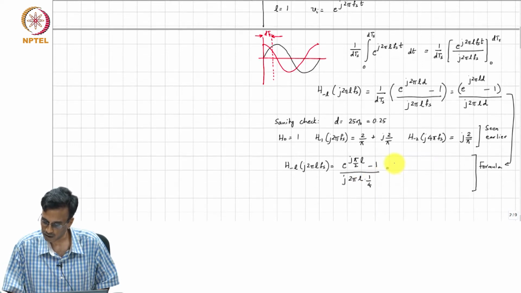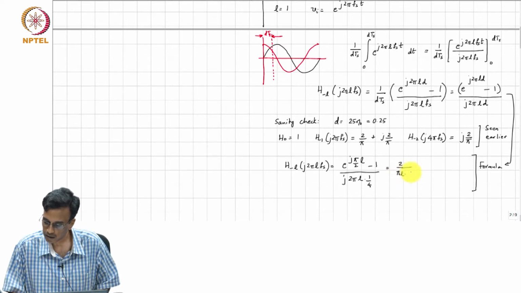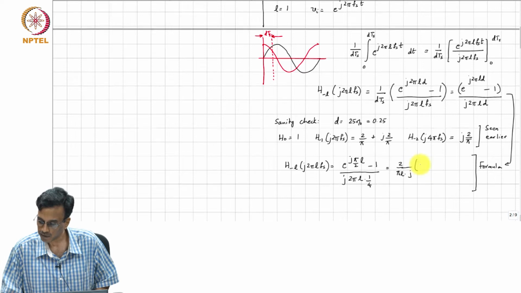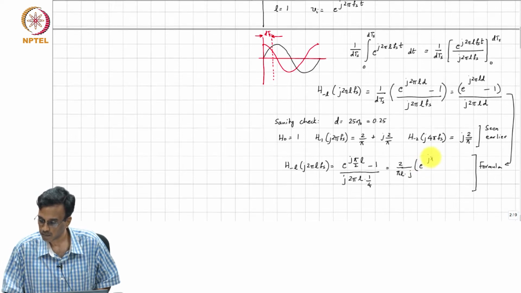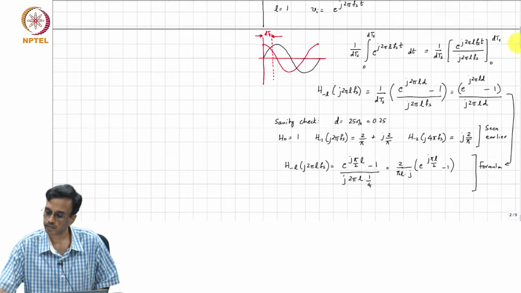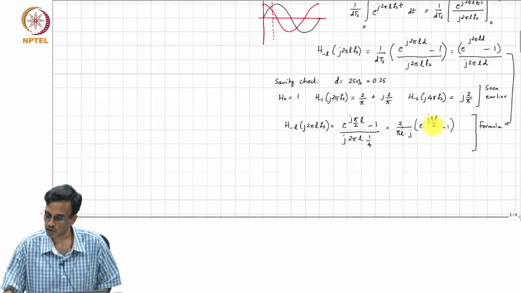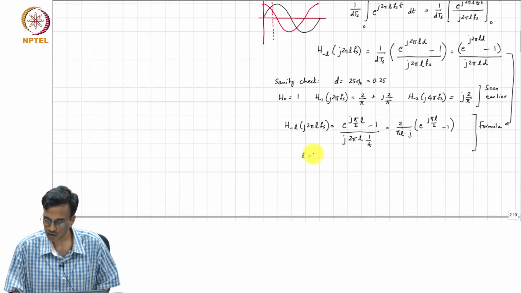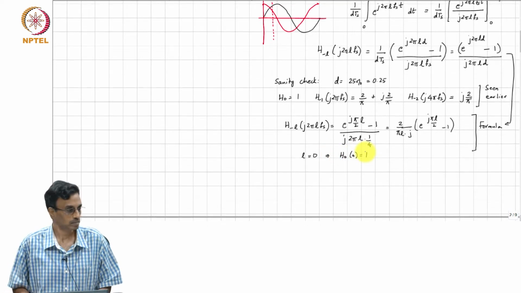So, that is nothing but 2 by pi L times j, that is correct, times e to the j pi L by 2 minus 1. Clearly as L tends to 0, the formula also gives 1, right.